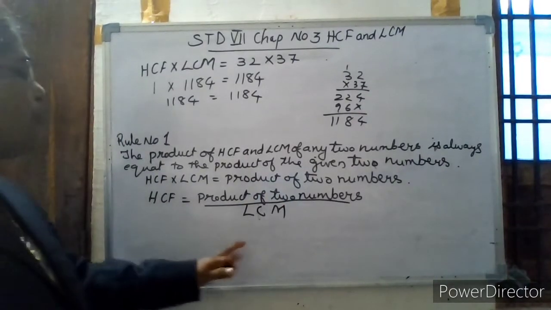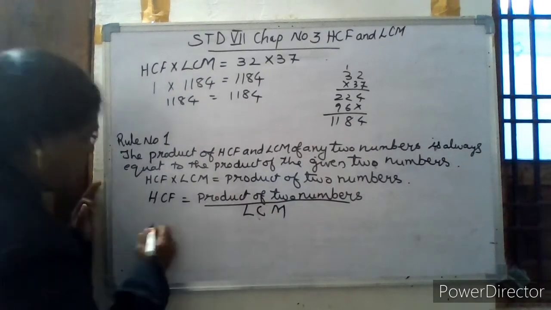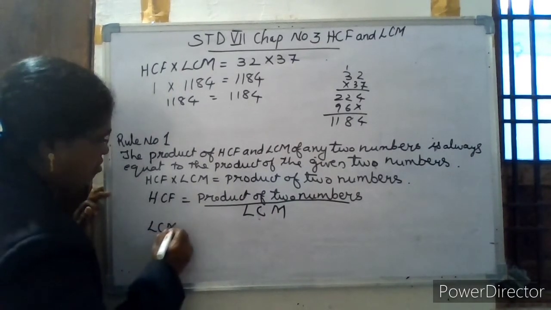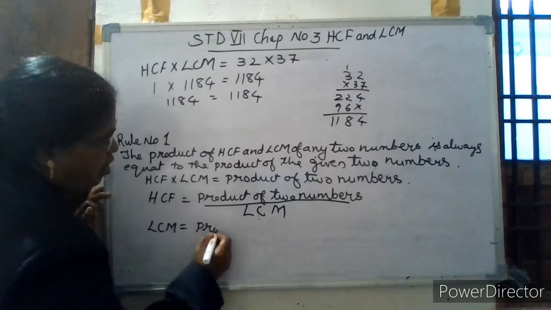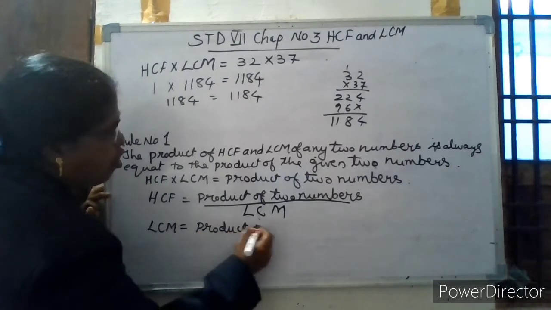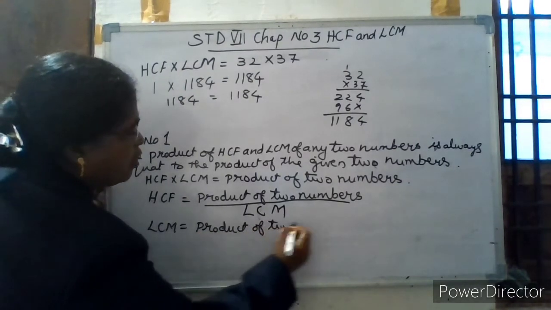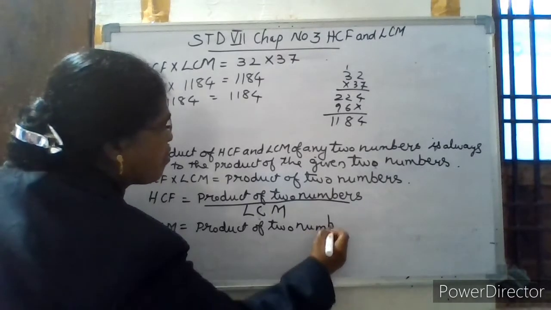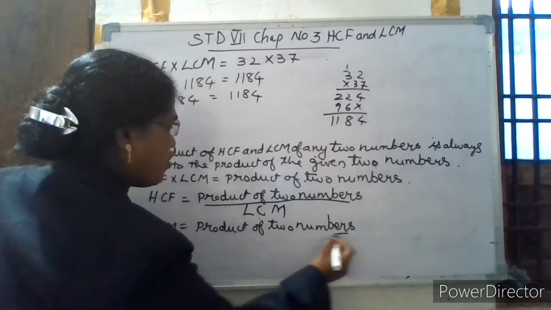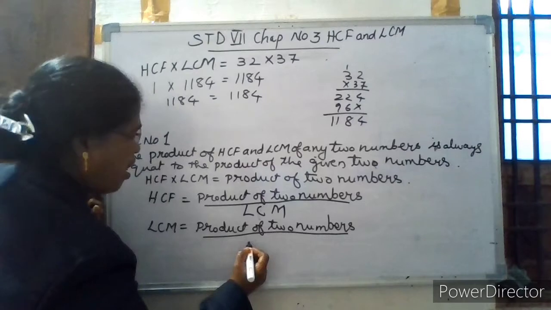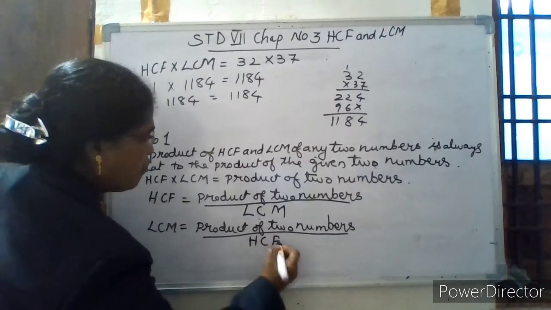If you want to find the LCM, then LCM is equal to the product of two numbers divided by HCF.